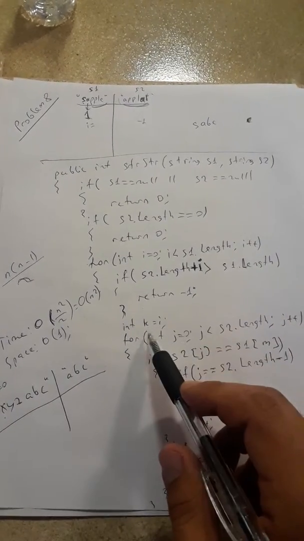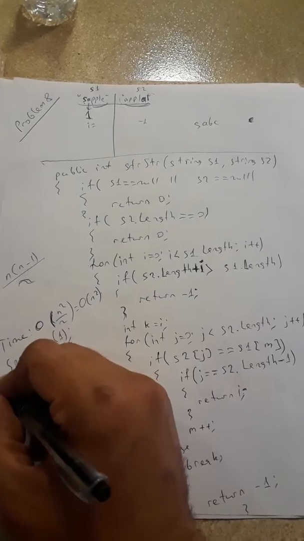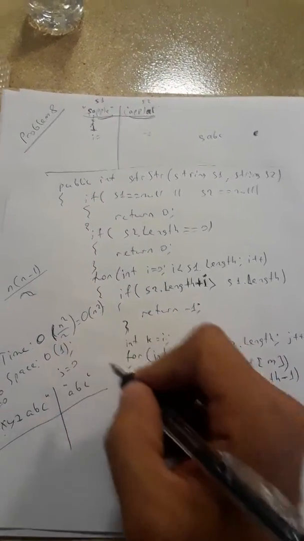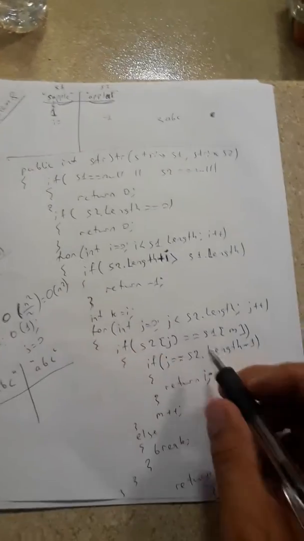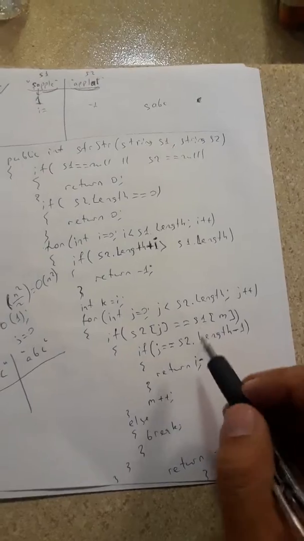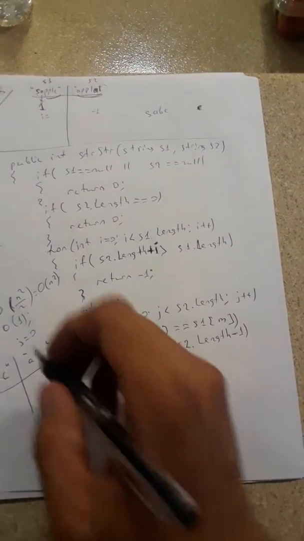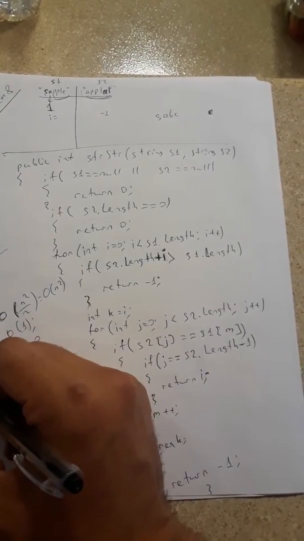It's not, so we go here, we define k equal to i, which is 0, and after that we instantiate j, and we try to compare if they're equal or not. Since they're not equal, we'll break this loop and go to the next element.